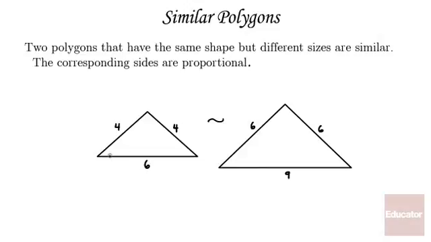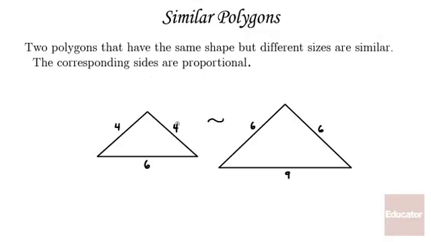So again, if this is going to grow taller, then it also has to grow wider. It has to grow in all areas, just like a baby grows in all areas, right? So again, same shape but different size. Then the corresponding sides are proportional.